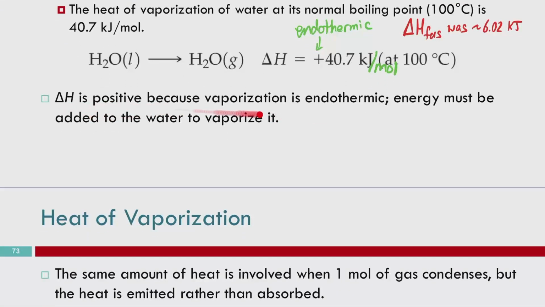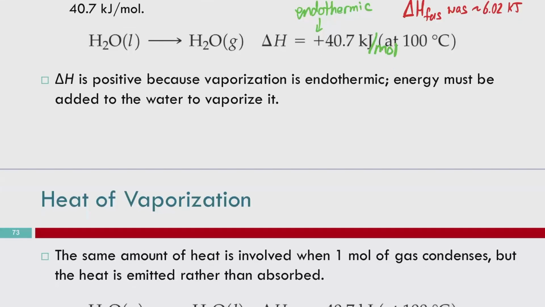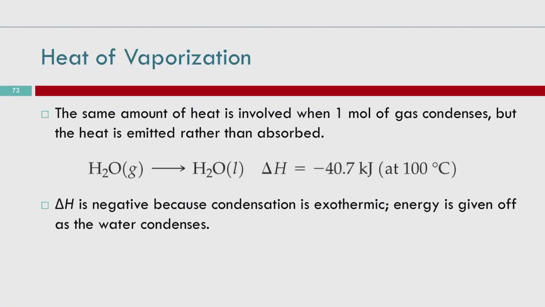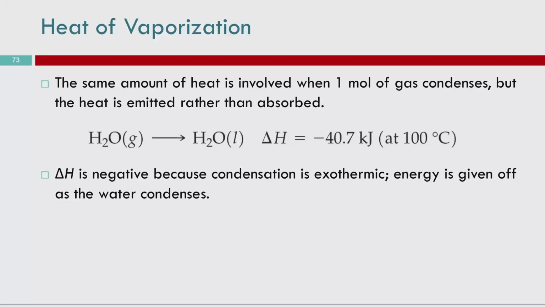Again, this delta H is positive because vaporization is endothermic. You have to add energy in to get your water to boil, to evaporate. That's why cooling works. That's why sweating to cool down works. There's the opposite process, which uses the same number for condensing.